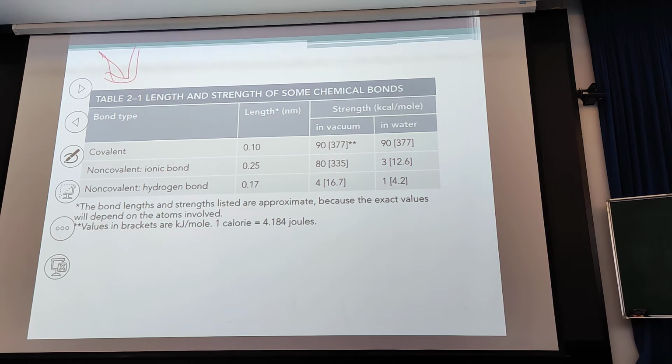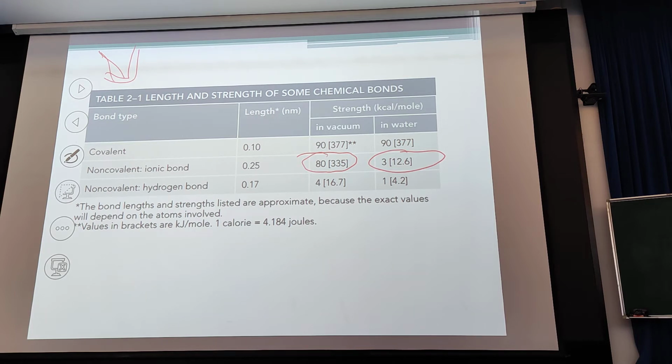You can see that in vacuum, the strength of the ionic bond is quite high, right? But in water, those are approximately 30 times weaker, right?